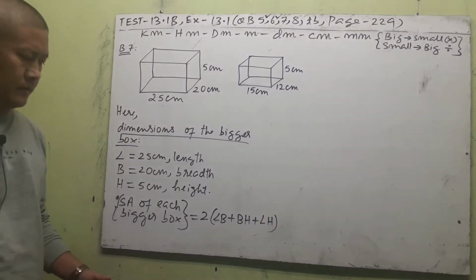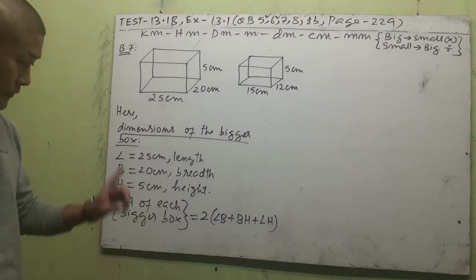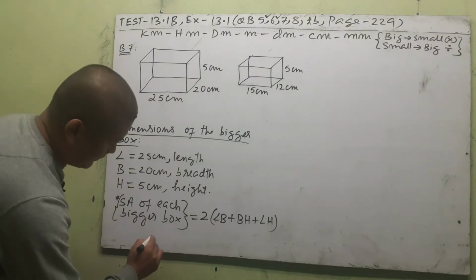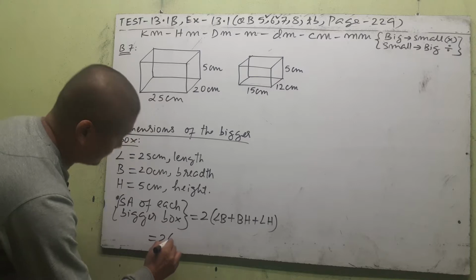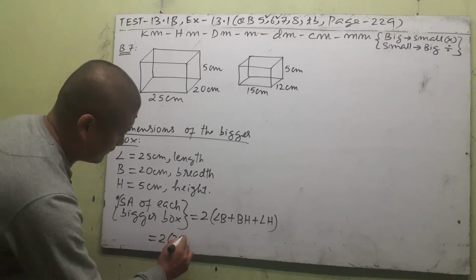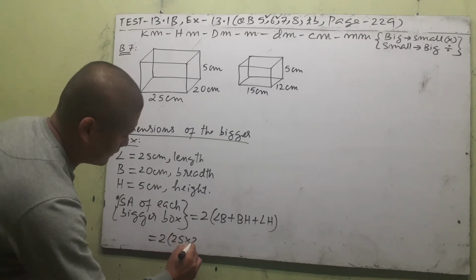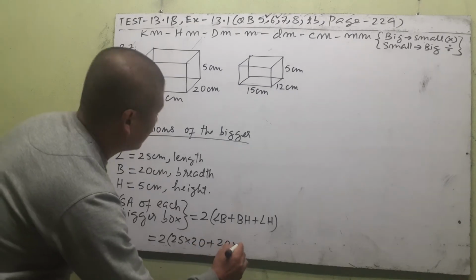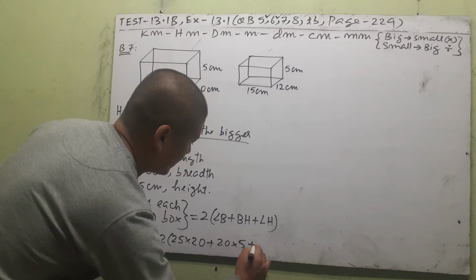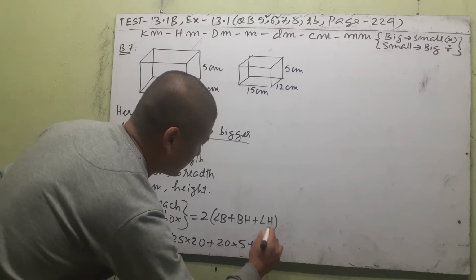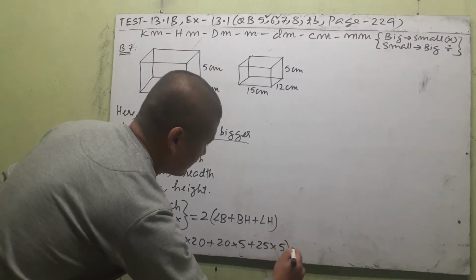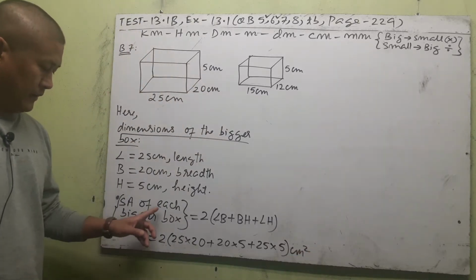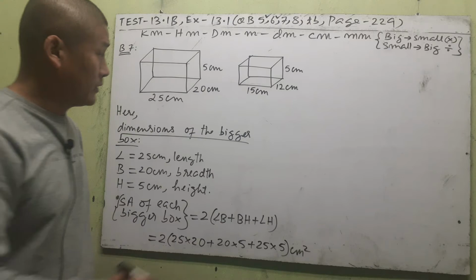So this is the total surface area of each box, total cardboard area required. So that will be equal to 2 into L is 25, B is 20 plus B is 20 into H is 5 plus L is 25 into H is 5 again. So centimeter square, because area is 2-dimensional.